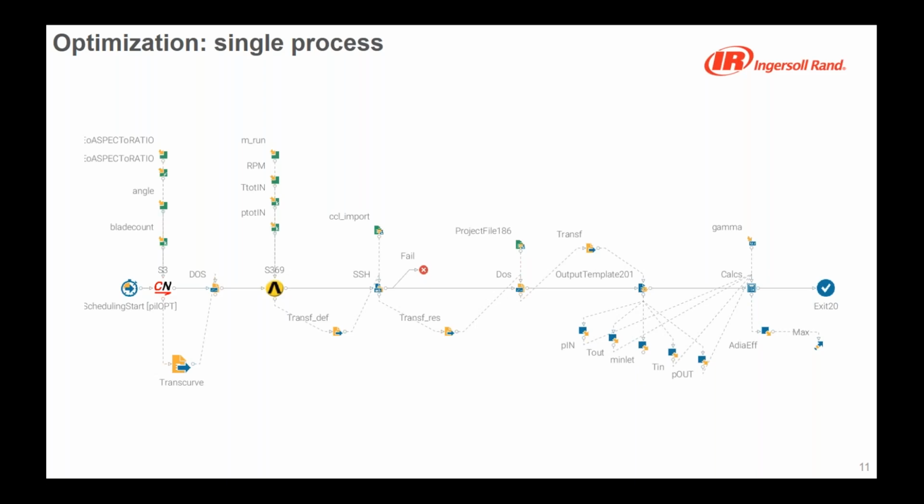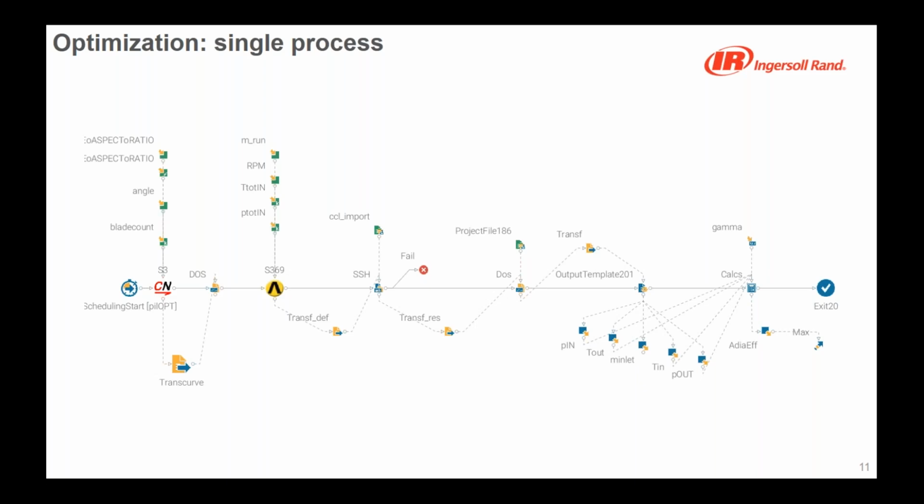Then we have an ANSYS node that I use to run CFX. And in this particular case, the remaining nodes are the interaction with the cluster and then the exporting of data from the cluster. And this is a very easy process, as I'm just going to maximize efficiency.